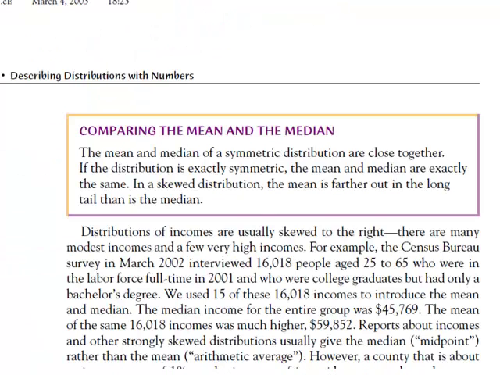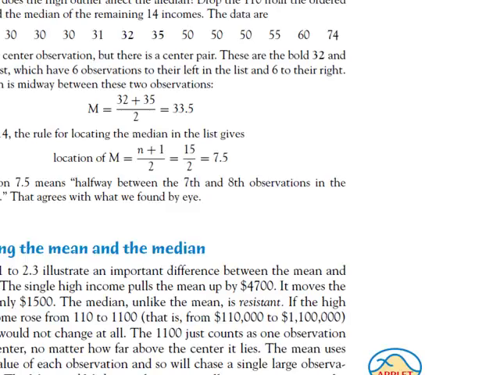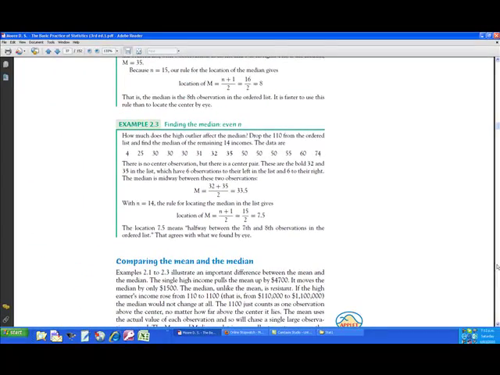Then we might compare the mean and the median. The mean doesn't have to equal the median. If the distribution is perfectly symmetric, then the mean and the median must be equal, but otherwise they don't have to be equal.